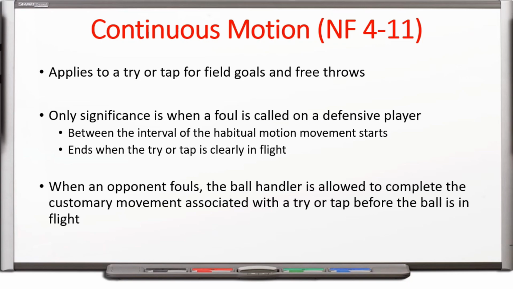The only significance is when a foul is by a defensive player, and basically we have a start part with the habitual motion and it ends when the try or tap is in flight. When an opponent fouls, which is a defensive player, the ball handler is allowed to complete their customary motion associated with a try or tap before the ball is in flight.